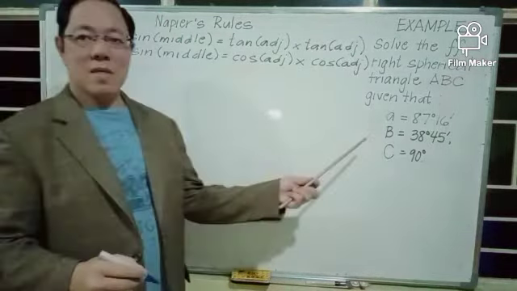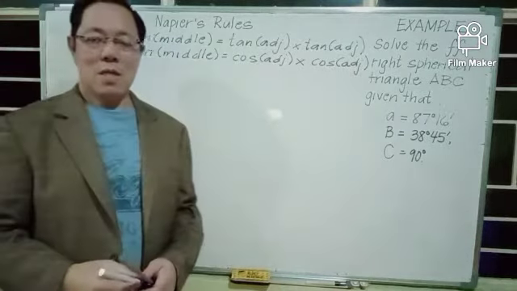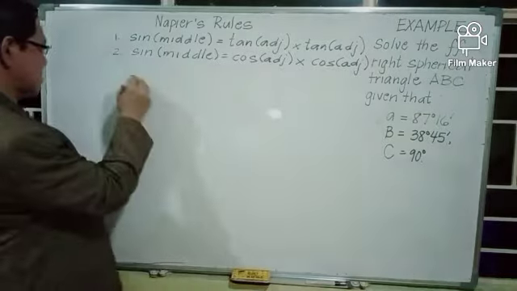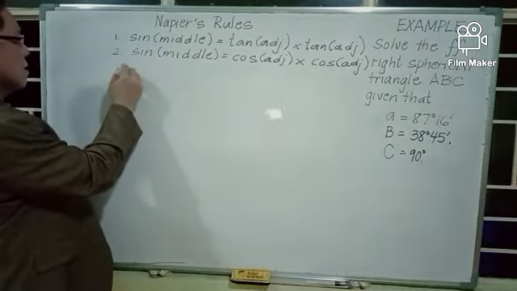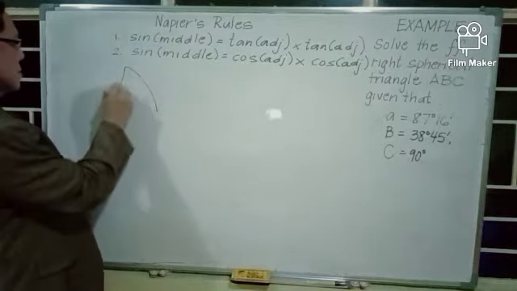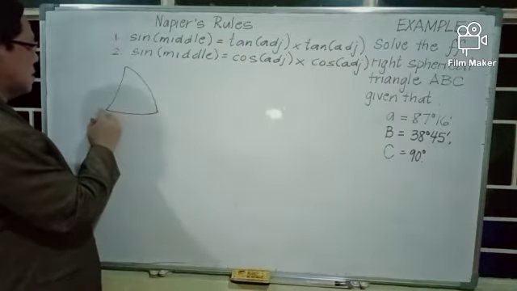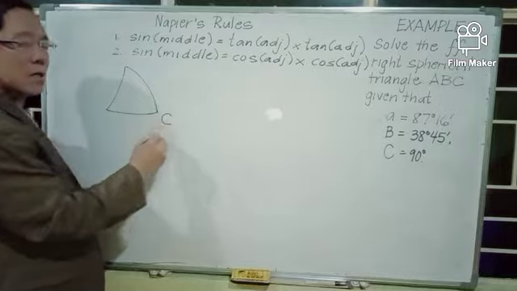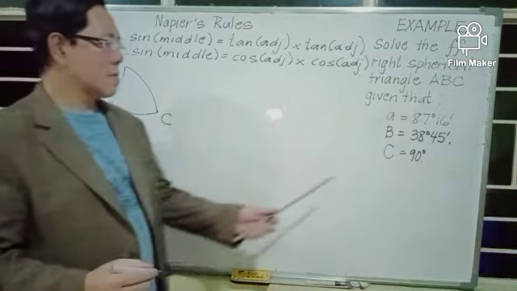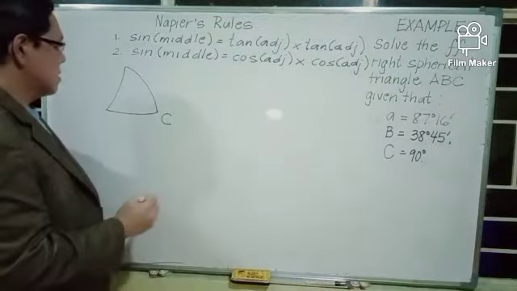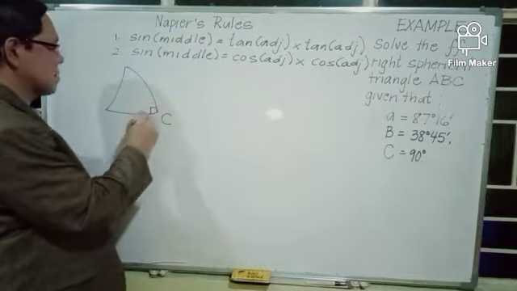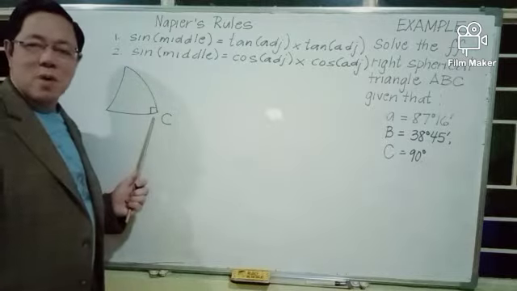For our first example, we construct the mnemonic device. The given is a right spherical triangle with right angle at C. C is 90 degrees, indicated by this small square.